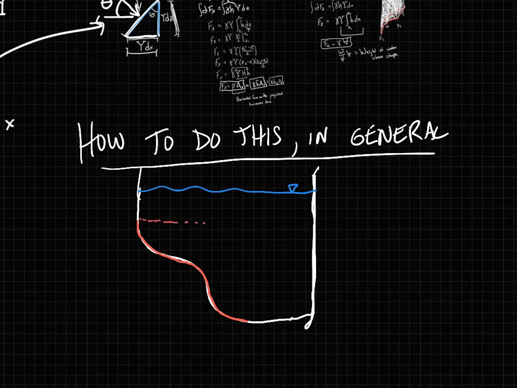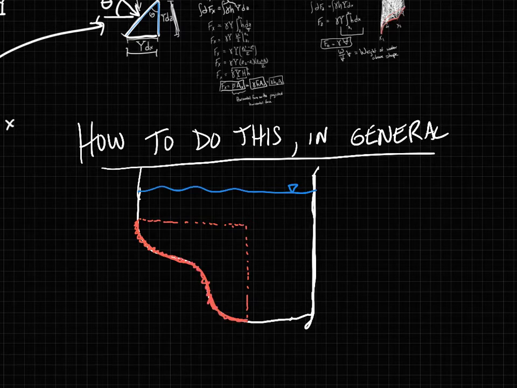So what you're going to do is slice this thing like this. This is usually called a control volume. We want to know about this gate, or this wall, with whatever random shape it has.